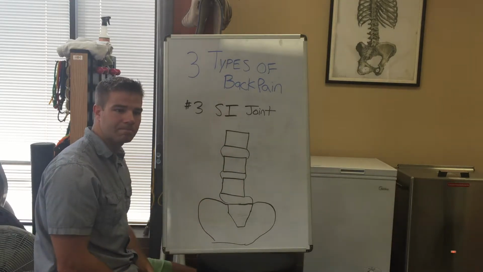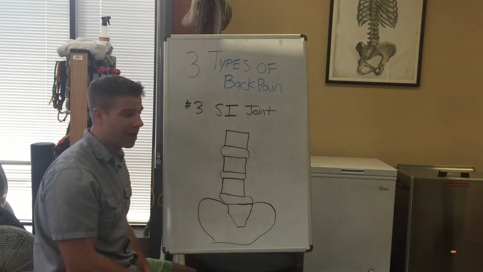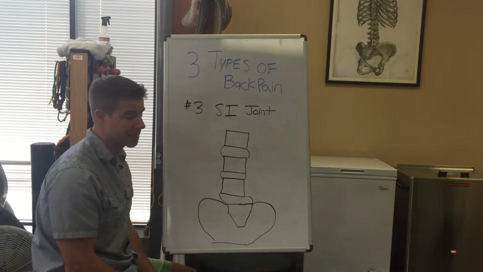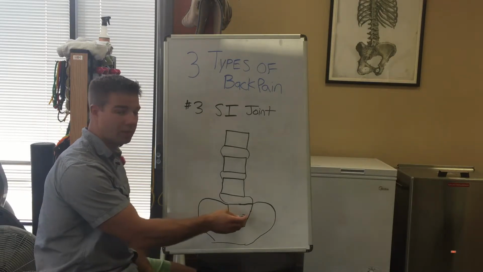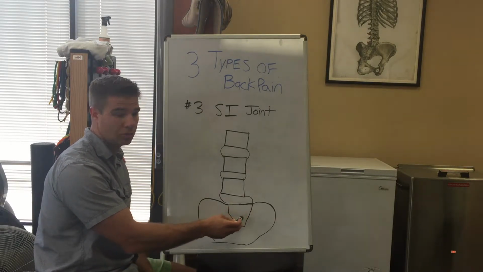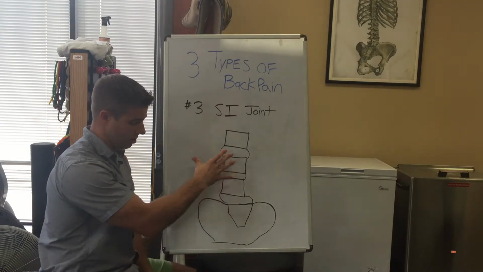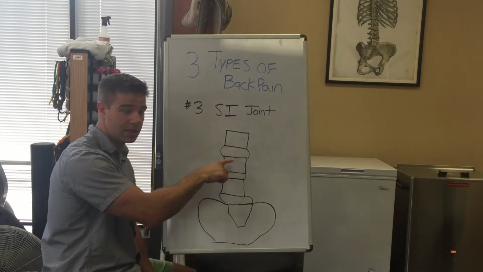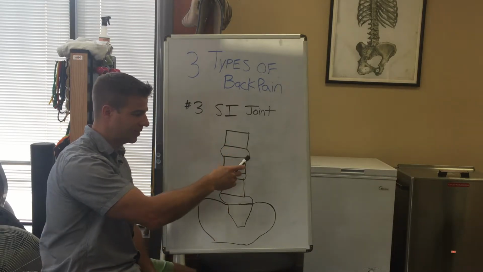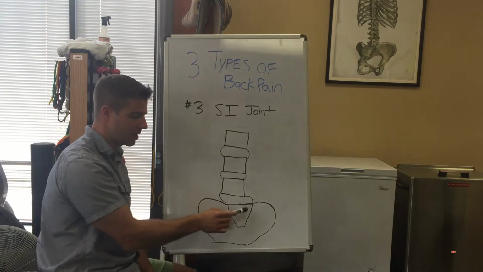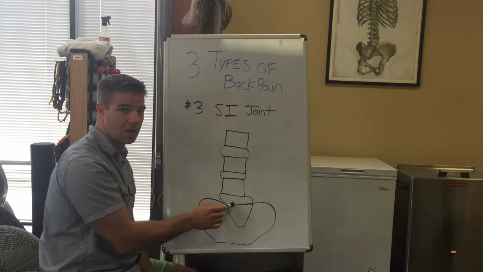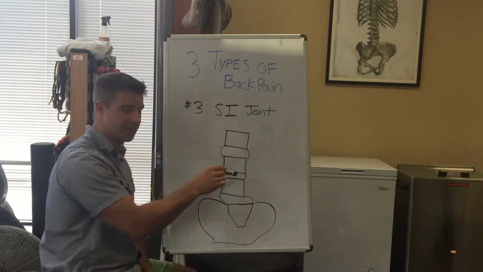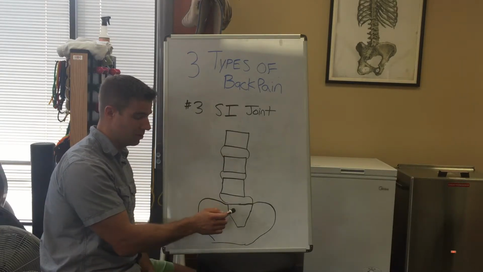And you might have an X-ray or an MRI that said your spine's out of whack. It looks like you have a herniated disc. But if you have an underlying SI joint issue, no matter what you do to correct these issues up here, if you have a herniated disc or arthritis, if you have an underlying instability at your SI joint, then you're not going to be able to really fix these because you're not addressing the problem.